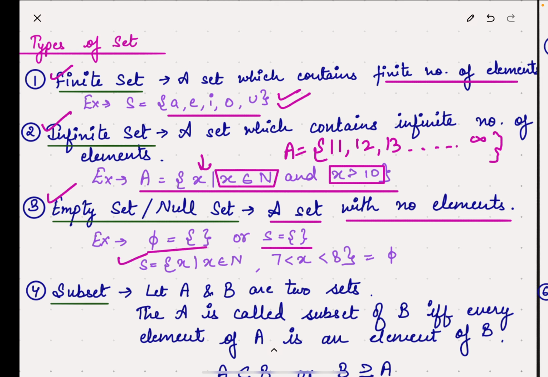For example, let's say S is a set containing elements that belong to natural numbers, and the condition is that x must be greater than 7 and less than 8. As we all know, there is no natural number between the numbers 7 and 8. So this set will contain no element. So this is an empty set.